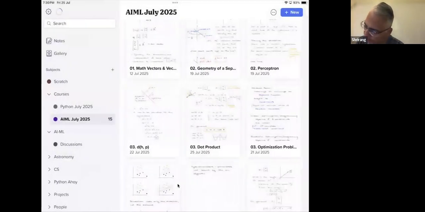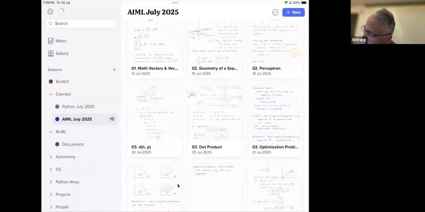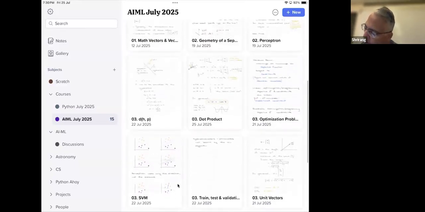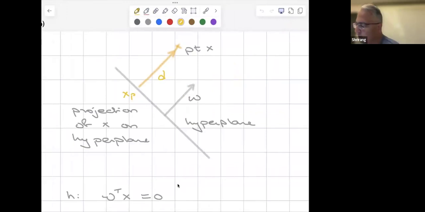Now, there's another couple of things that become very interesting. Here, this sheet called unit vectors goes into a lot more detail on what I've just talked about. The other thing I want to talk about is when I have the separating hyperplane.